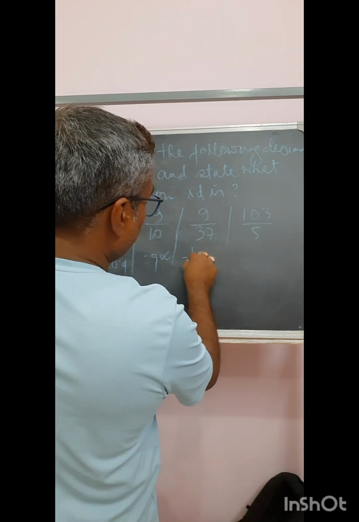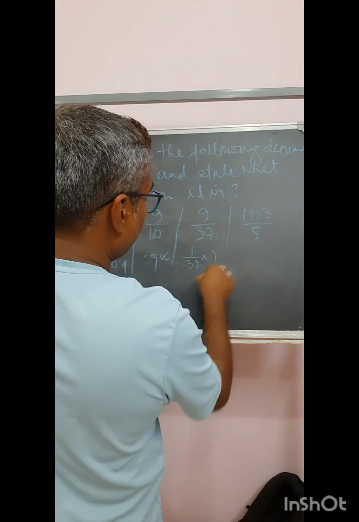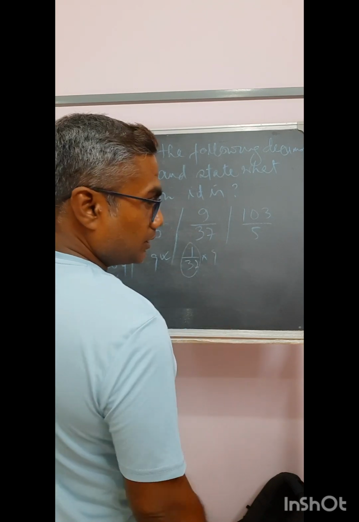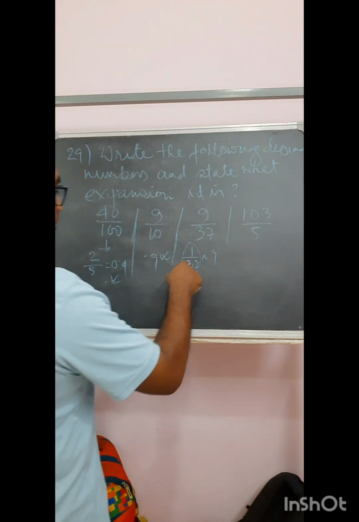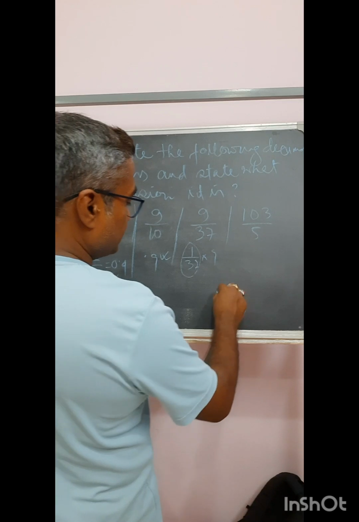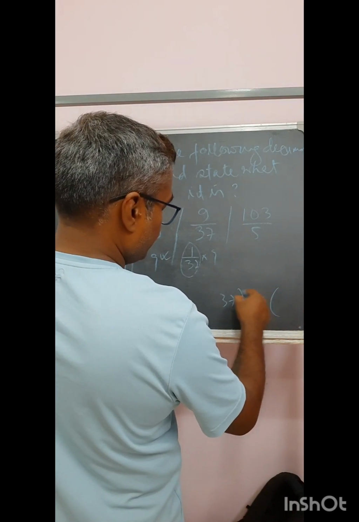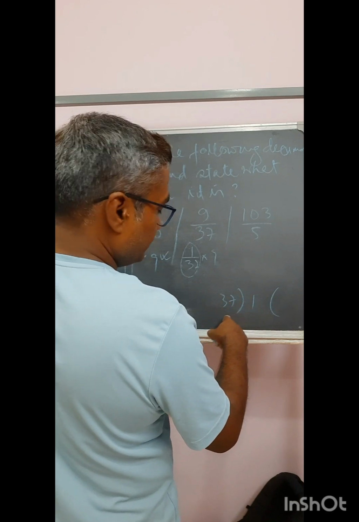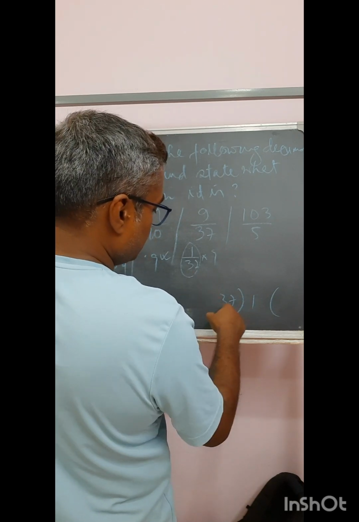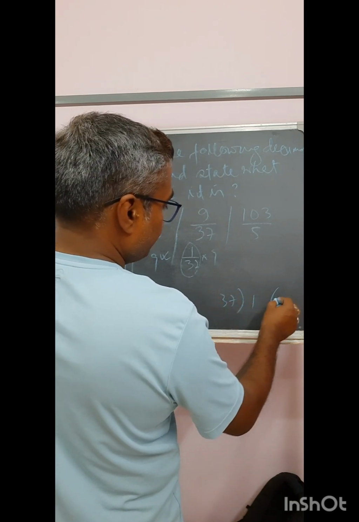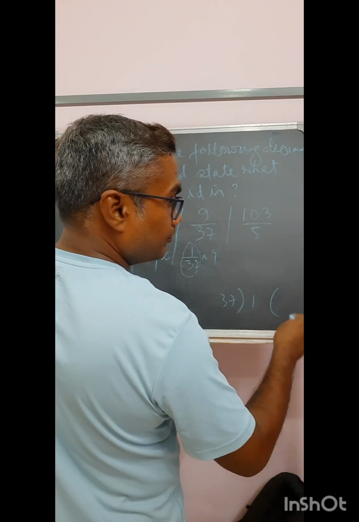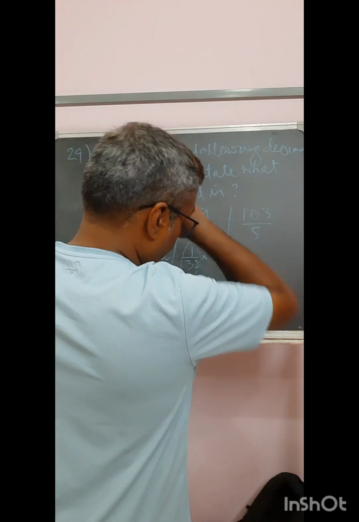But 1 upon 37, if I take, it is not perfectly divisible. If I try to divide it with this divisor 37, I will not get any perfectly terminating number after the decimal.